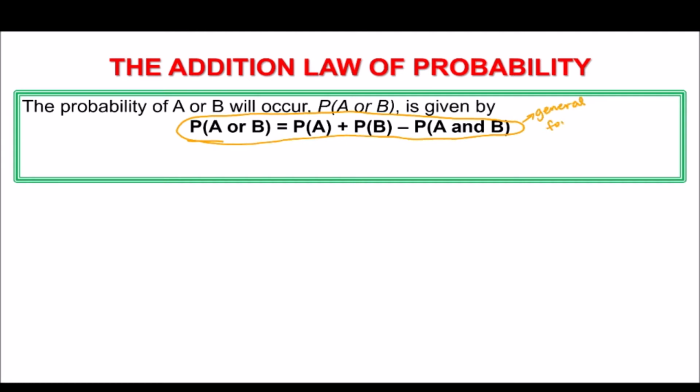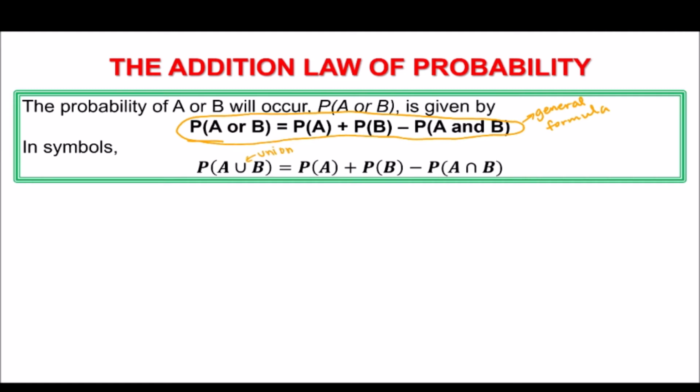In symbols, we use the union symbol for or, and intersection for and. Now we can actually simplify this formula.